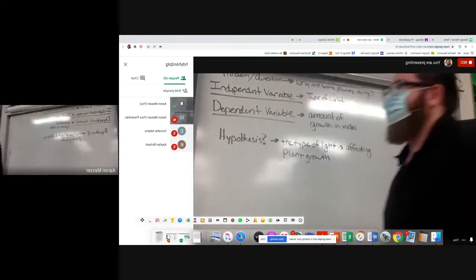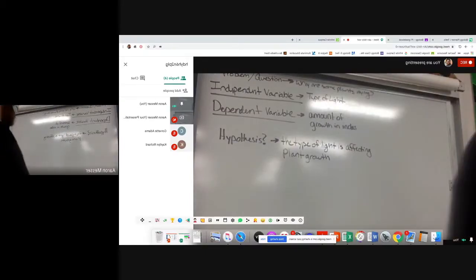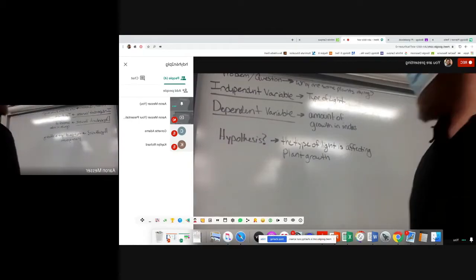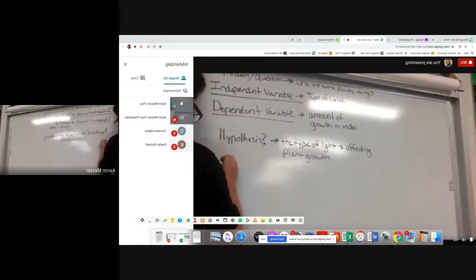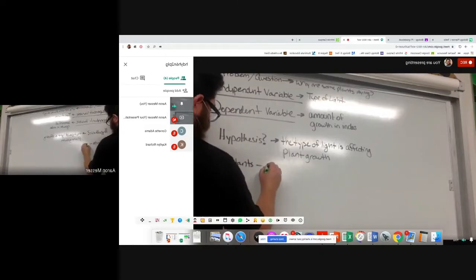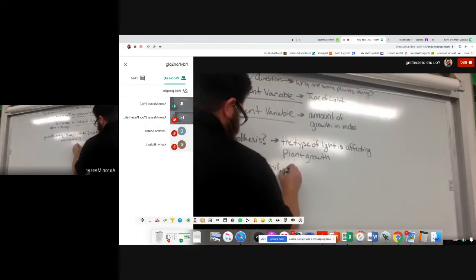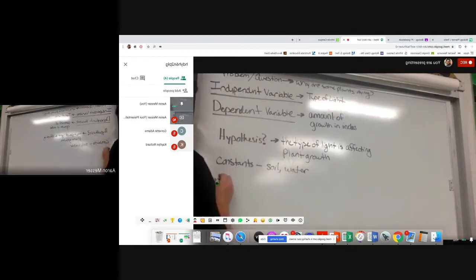Right? He thinks the type of light is affecting the plant growth. What are some of the constants? Yep, the soil is the same in each experiment. The water is the same in each experiment. The amount of water. What's the control group?